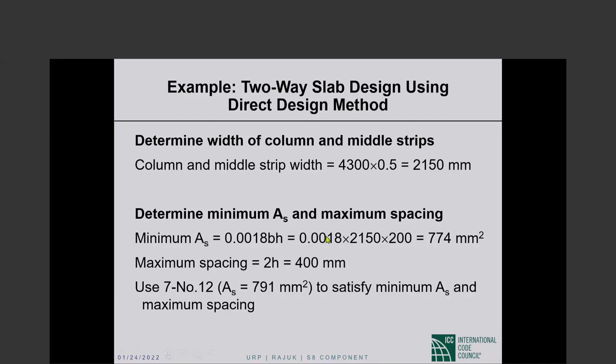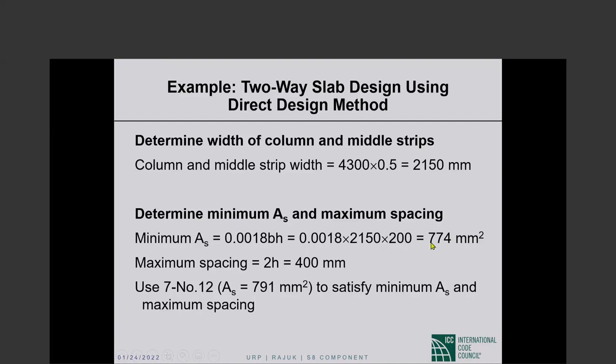So 0.18% of the gross section, 2150 is the width, 200 is the total thickness, that is 774 square millimeters. And maximum spacing is twice the total thickness of the slab, that is 400 millimeters. These are both very important numbers.